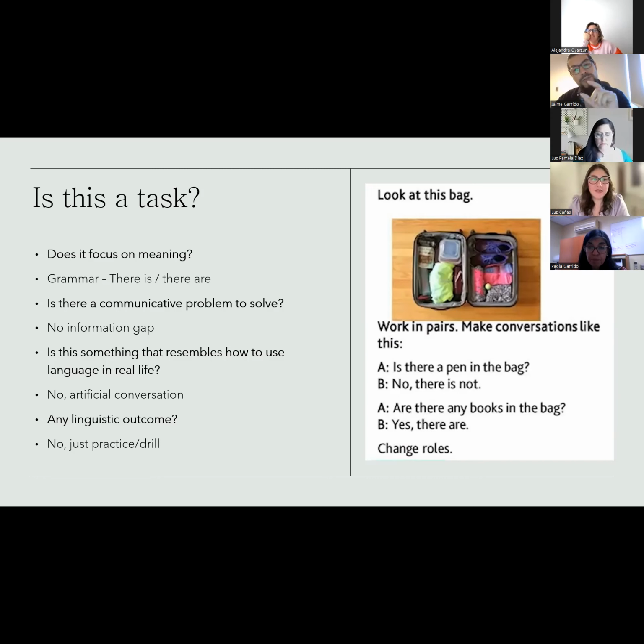Right. So we need to turn an exercise or whatever situation into a sort of problem or a gap that they have to solve. Alejandra, you wanted to say something? Yeah, I wanted to add, thinking about the same question, is there a communicative problem to solve?